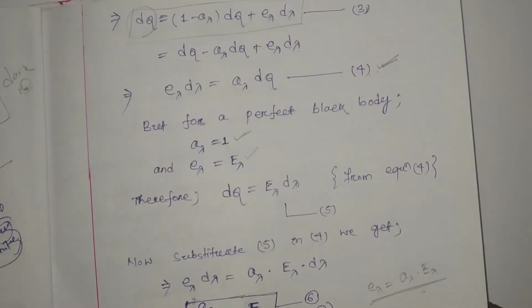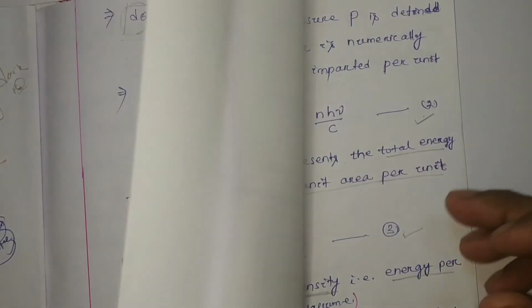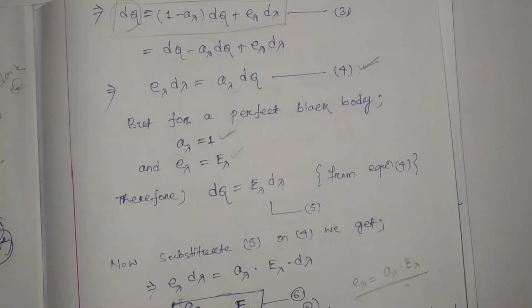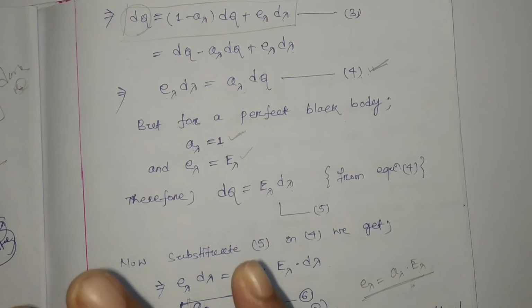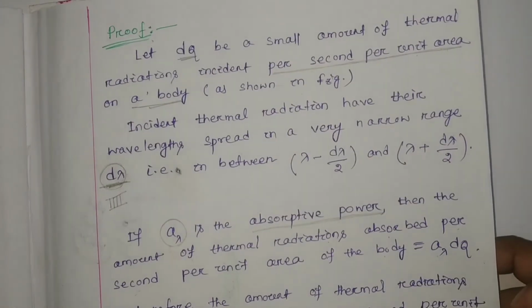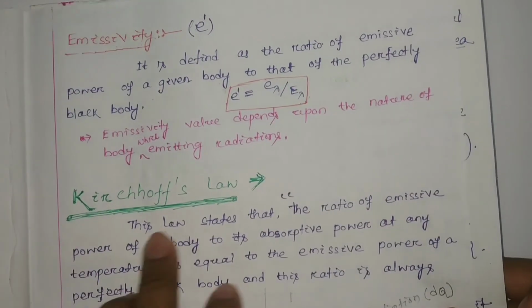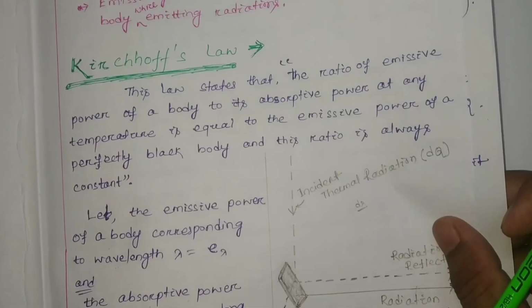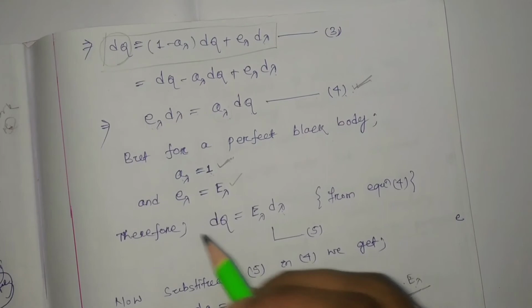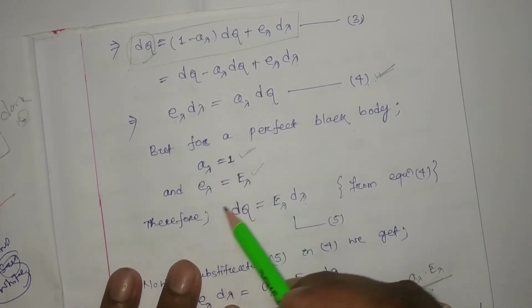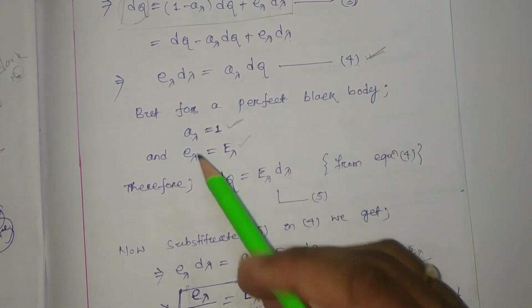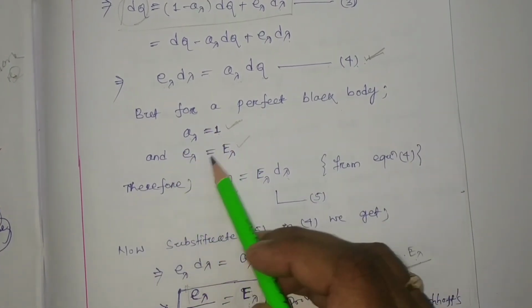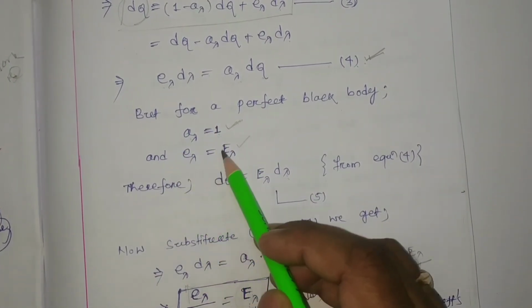Before I end this class, I am going to give you a small instruction regarding what we discussed in our last class. Actually, we discussed Kirchhoff's law. I think maybe you have some confusion here, because when I rechecked that video, I saw that I did not elaborate why E lambda is written as capital E lambda.